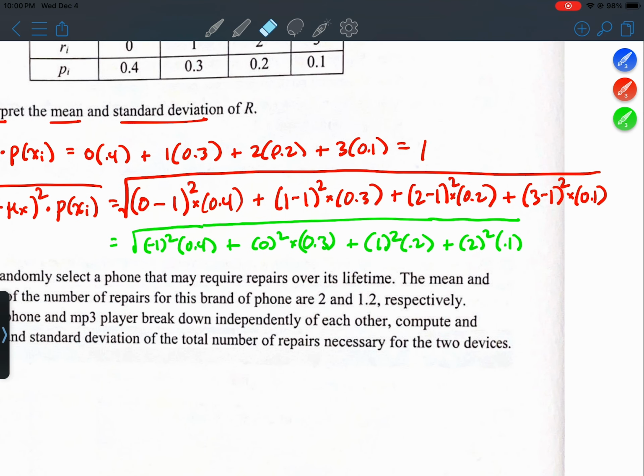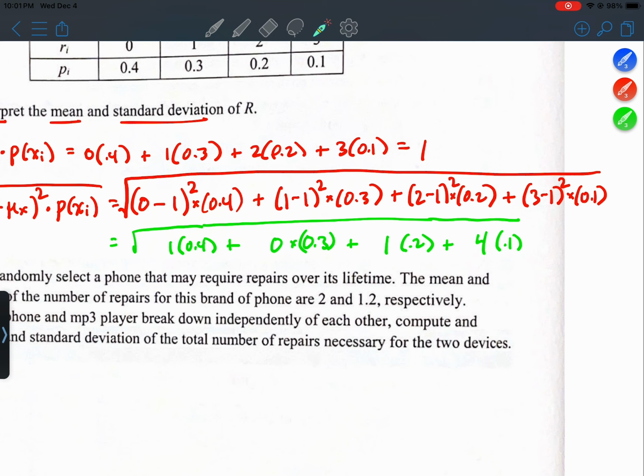Okay, and then I can go back in and simplify. Negative 1 squared is just 1. 0 squared is just 0. 1 squared is just 1, and 2 squared is just 4.